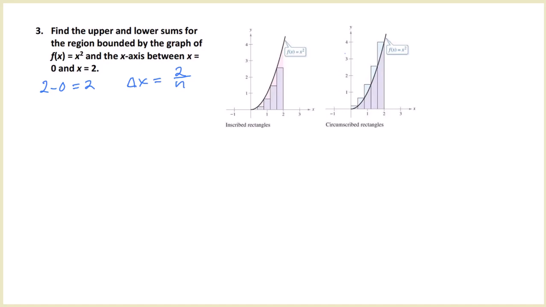We're not coming up with a certain number of rectangles. This is a general case, so I'm just putting n there. The bigger n is, the smaller delta x gets, right? If n were 1,000, we'd be talking about 1,000 little rectangles.